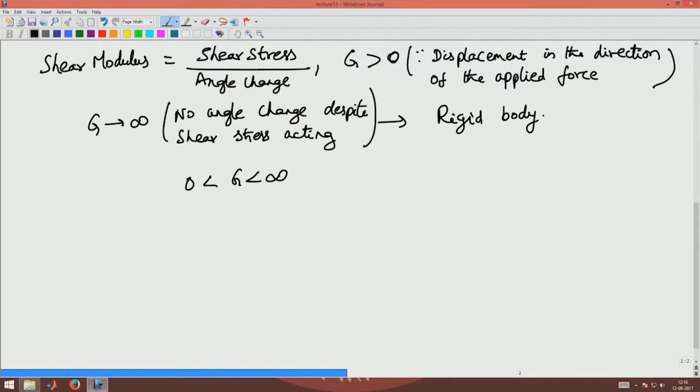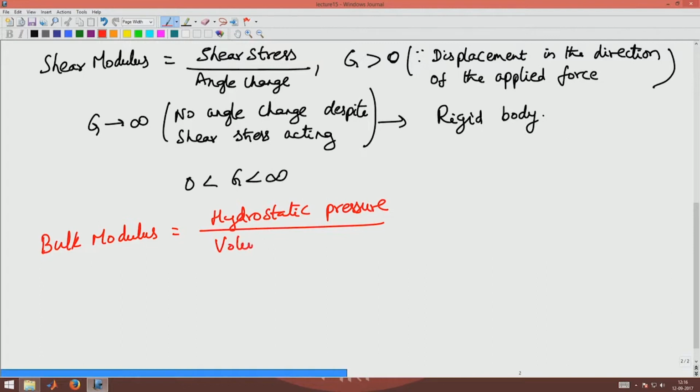On the other hand, bulk modulus is defined as the ratio of hydrostatic pressure divided by volumetric change.